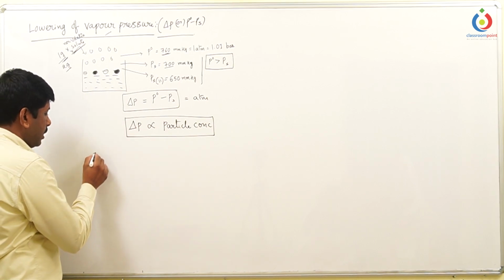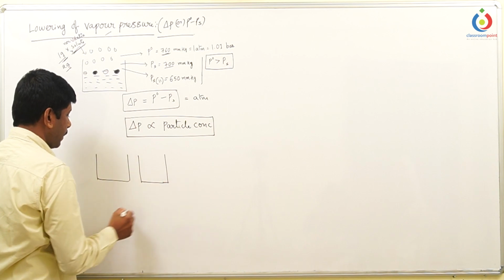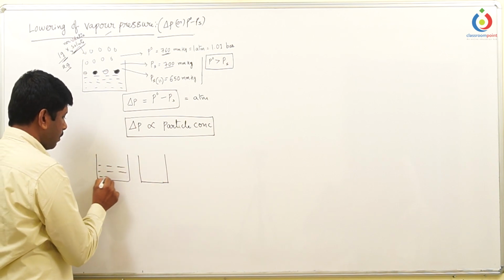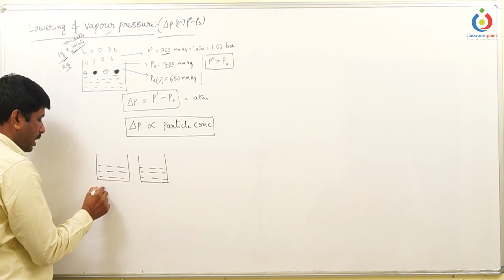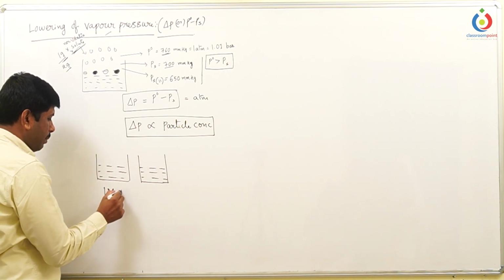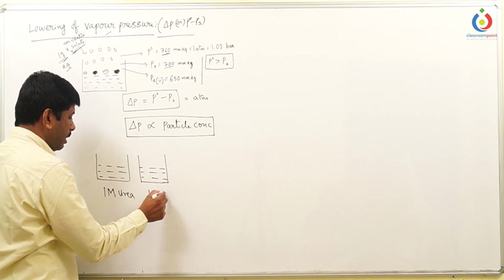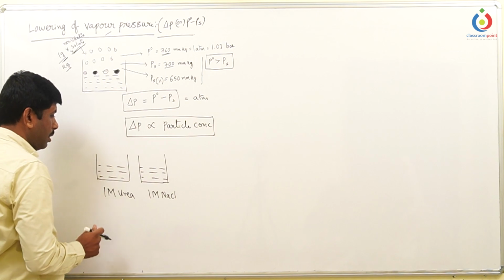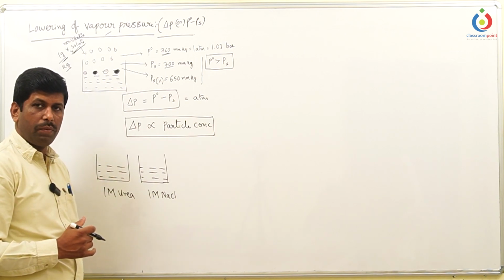Now let us take two different solutions. In the first solution, I am going to take a 1 m urea solution, and for the second one I am taking a 1 m NaCl solution. Now the question is, do they have the same amount of lowering of vapor pressure?